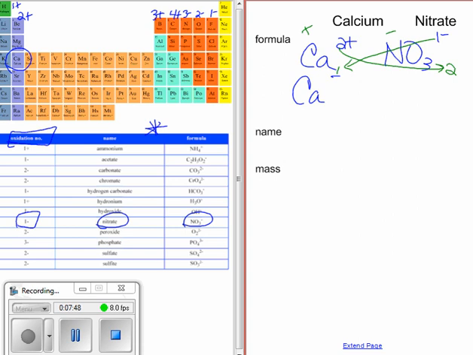Now if I look at nitrate, I have NO3 and then a 2. What that 2 is telling me is that I have 2 nitrates. So you need to put that nitrate in parentheses and the 2 on the outside. That indicates that I have 2 of this whole thing. So my formula is Ca(NO3)2.